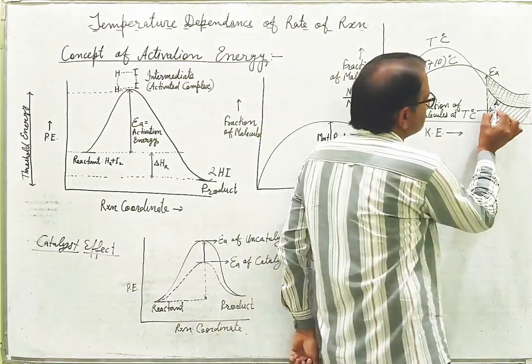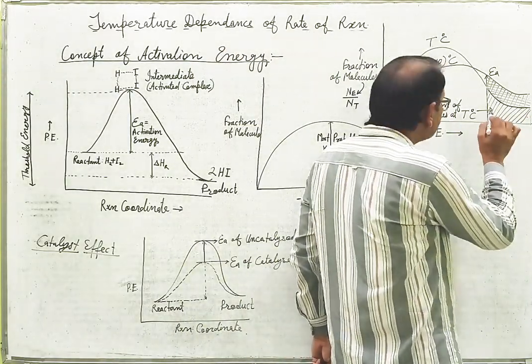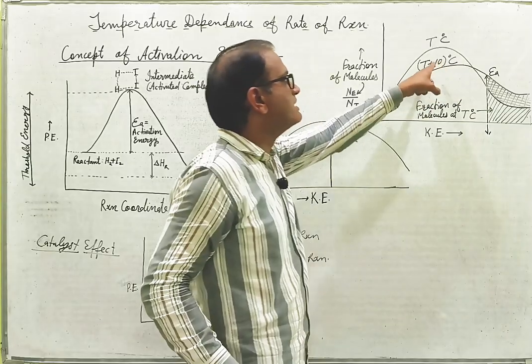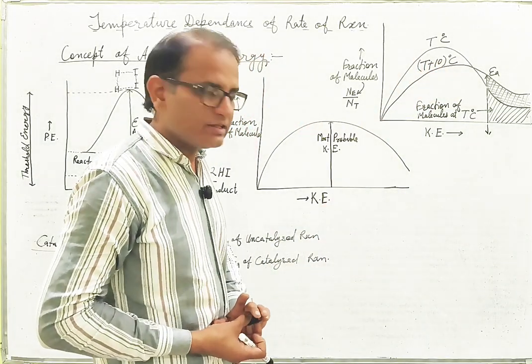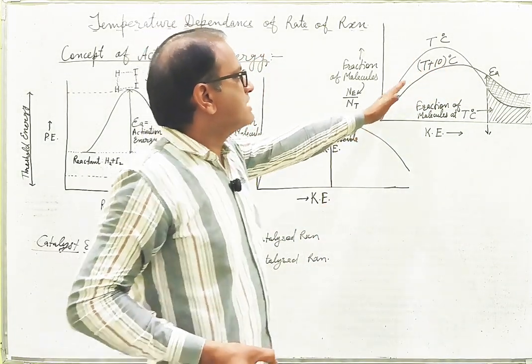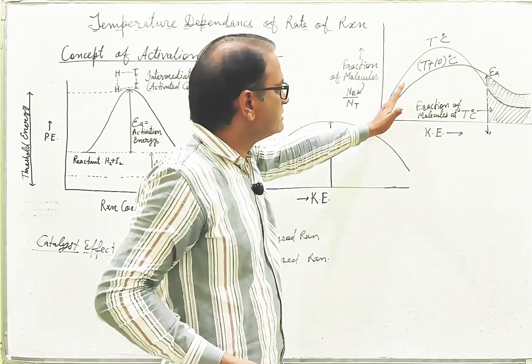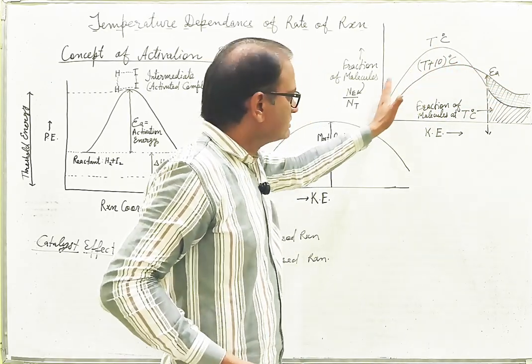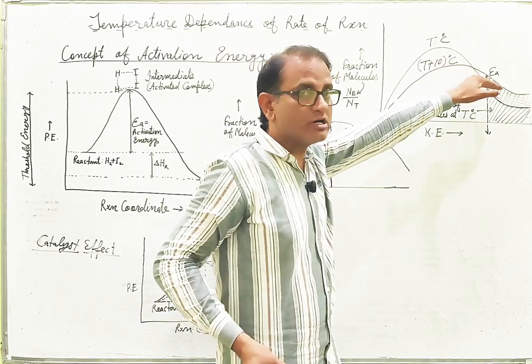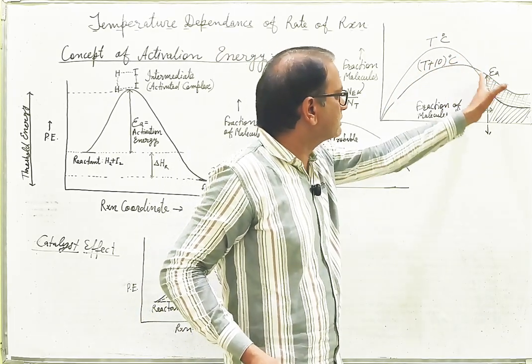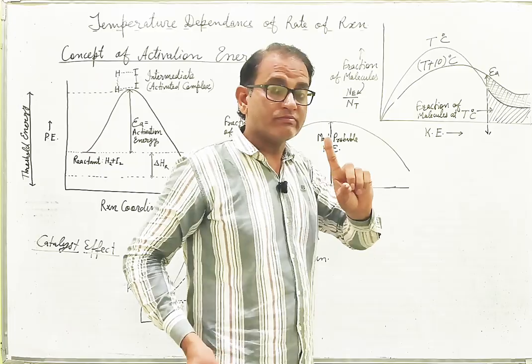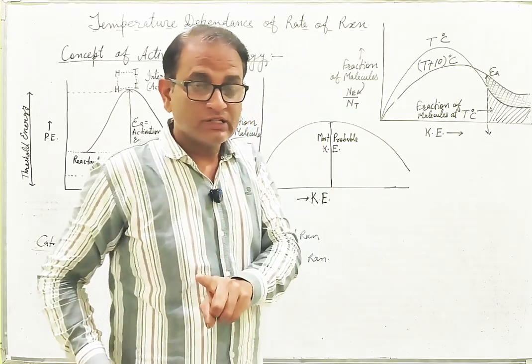So at this temperature, this much was the fraction. Now if you increase the temperature by 10 degrees Celsius, the graph is getting flatter, meaning the peak of the graph is getting lower. It means it is getting broader, because the total area under the graph will be the same.